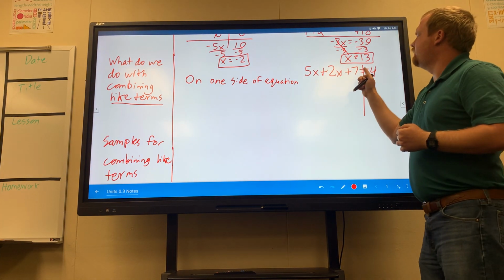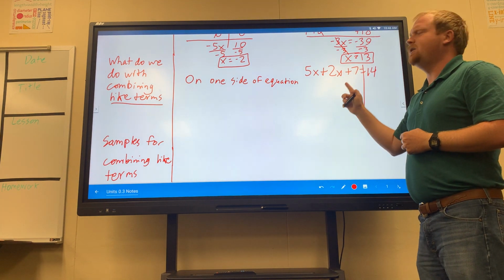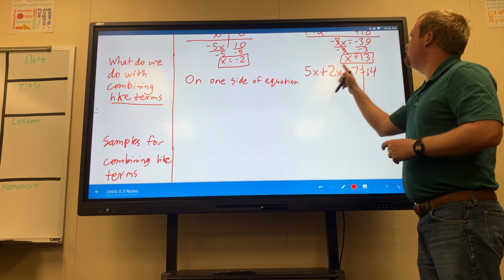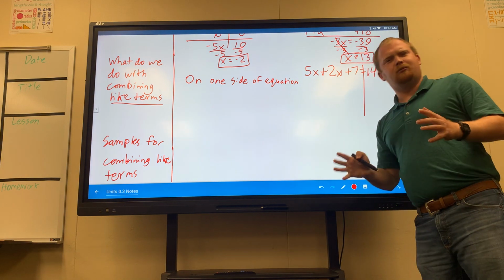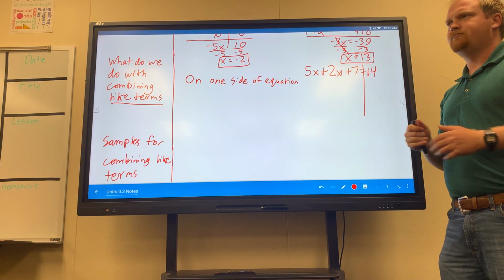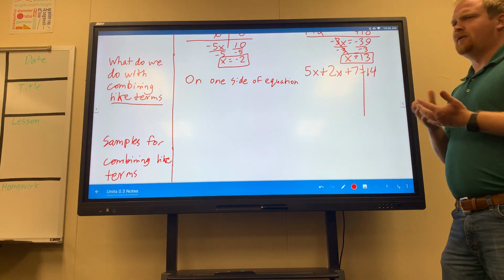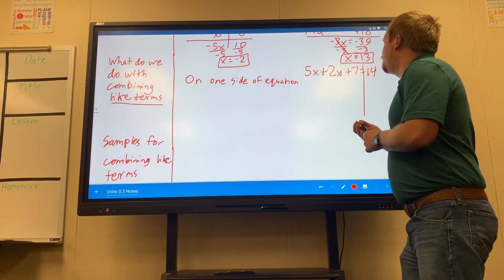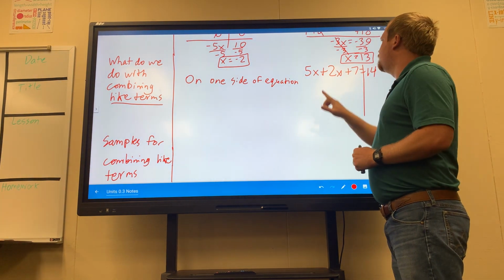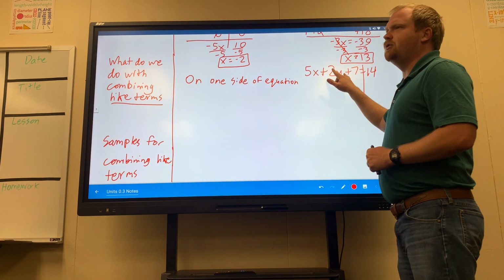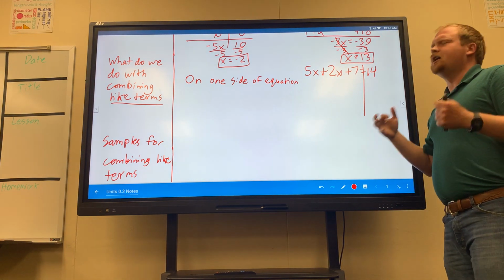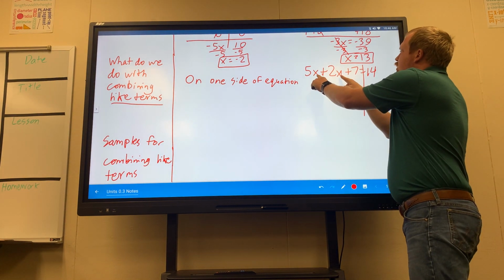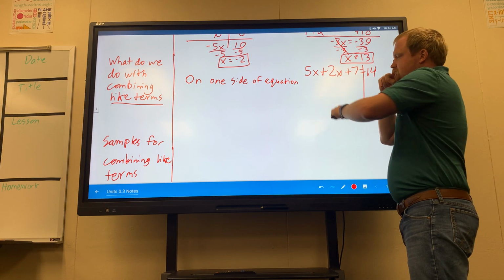Between those three, I want you to pause the video and think about which of these three are really similar to each other. Now, after thinking about it, if you guessed that the 5x and the 2x are similar, you are right. And the reason why is that they both have an x.